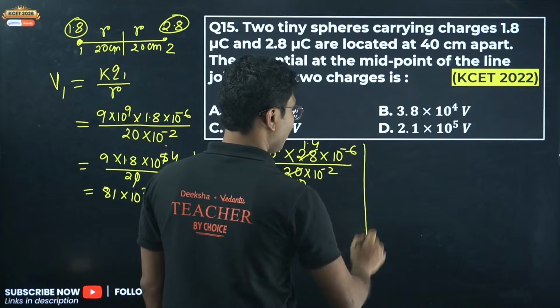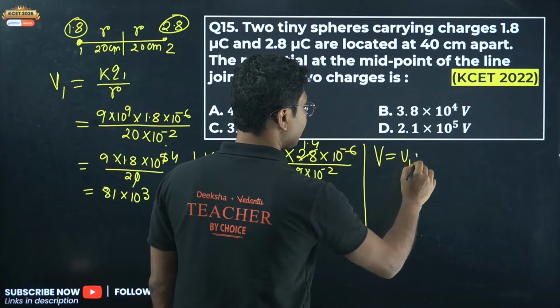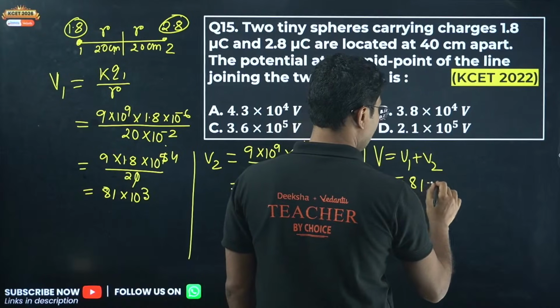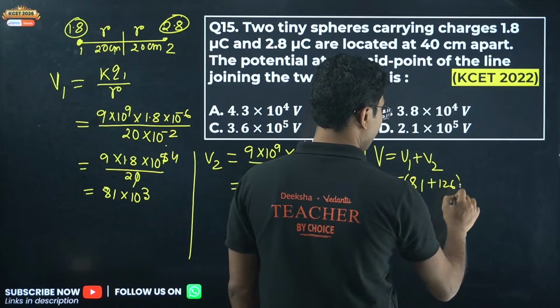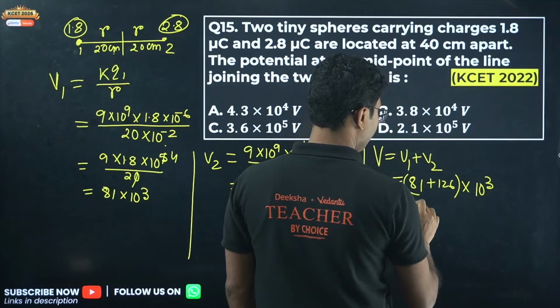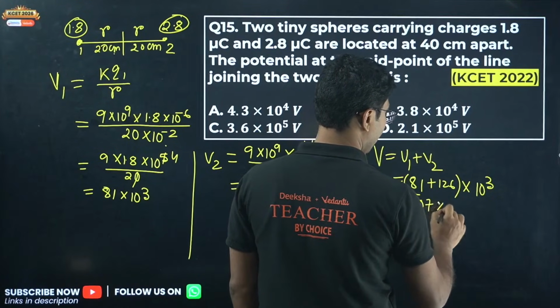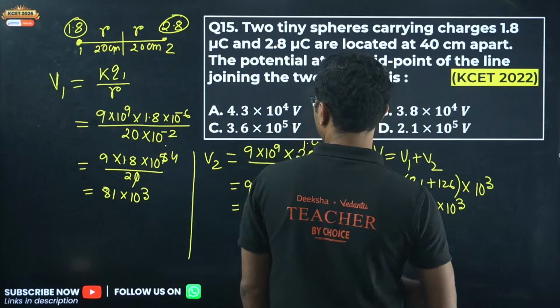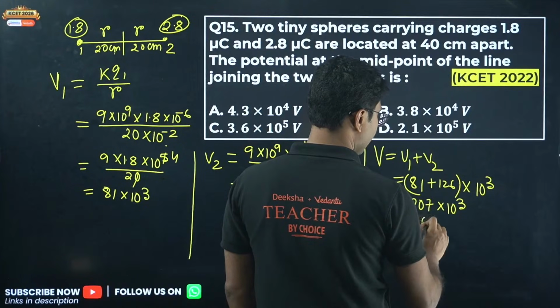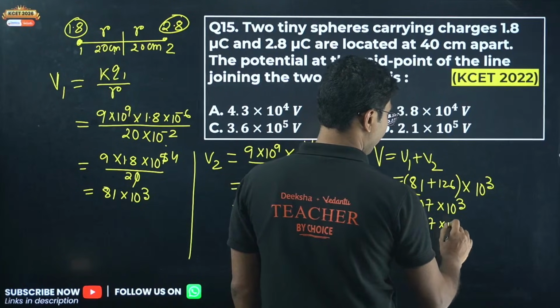So the net potential is V1 plus V2, that is 81 plus 126 into 10 to the power of 3, that is 207 into 10 to the power of 3, or 2.07 into 10 to the power of 5.